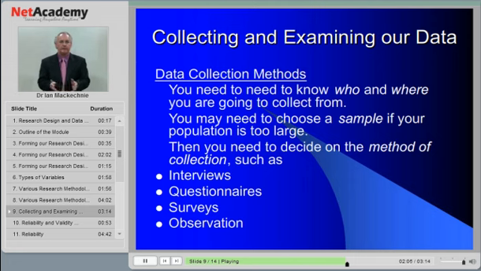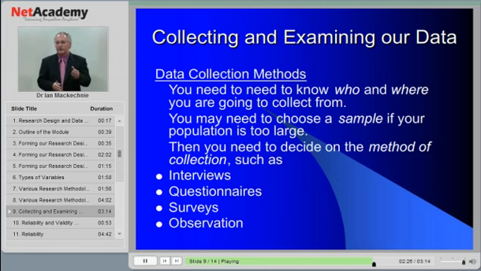Are we going to do surveys? Are we going to perhaps observe? Are we going to sit in a particular business environment and see what's going on? If we have the opportunity, are we going to observe what goes on when someone comes into a complaints department and makes a complaint?